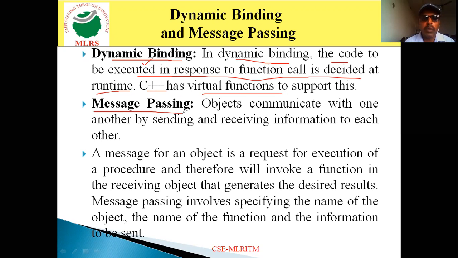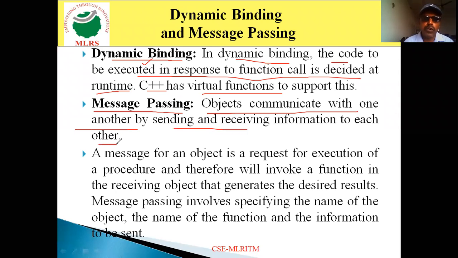Then let's have a look at one more thing, that is message passing. Here message passing indicates the objects can communicate with one another. We already specified this in the object concepts. The objects can communicate with another object by sending or receiving information to each other.